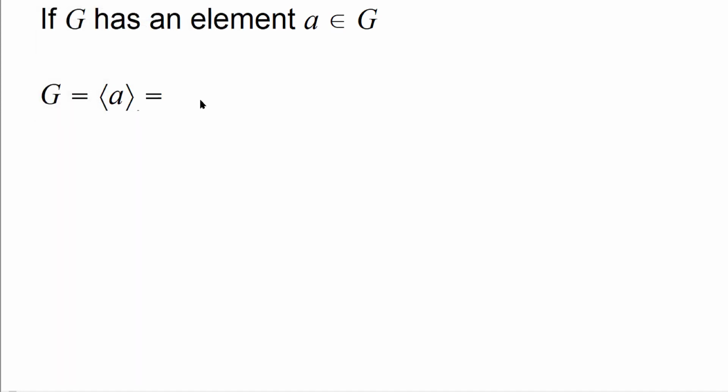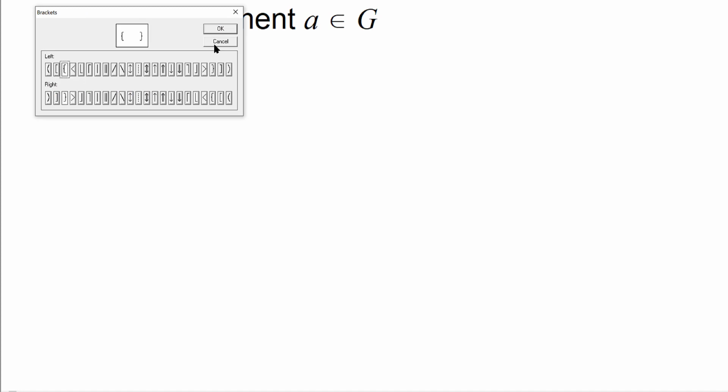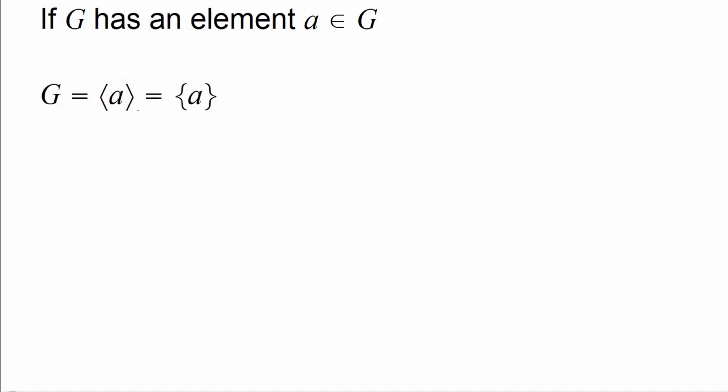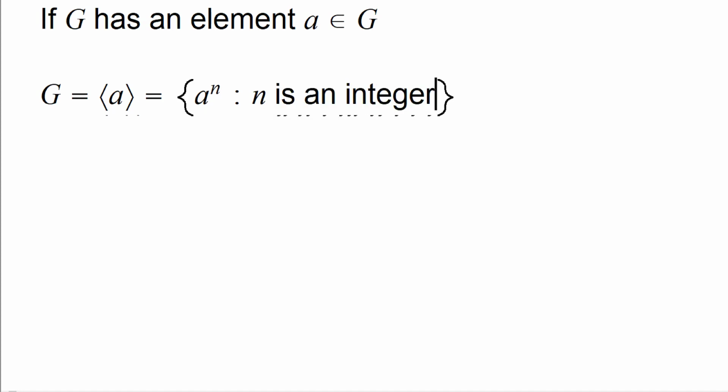Symbolically, what we denote by this kind of bracket a is a to the power n such that n is an integer. If this happens, then we say that G is a cyclic group.